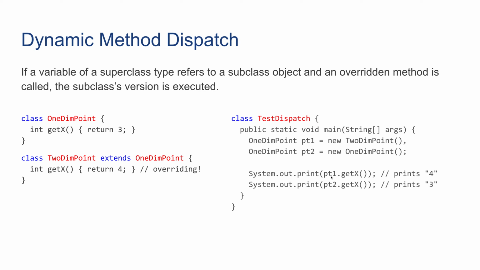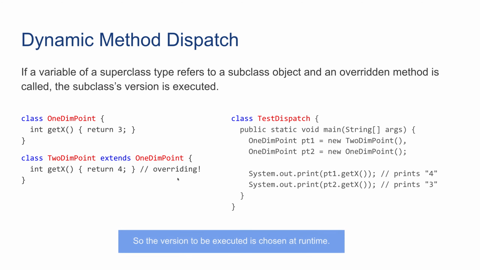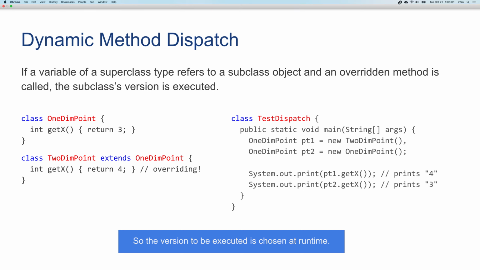If we call pt1.getX, that is 2 dim point, which will print 4, and if we call pt2.getX, it will refer to the super getX, which will print 3. In this case, we say the version to be executed is chosen at runtime. So we're not really sure which one to call, unless Java decides for us at runtime.